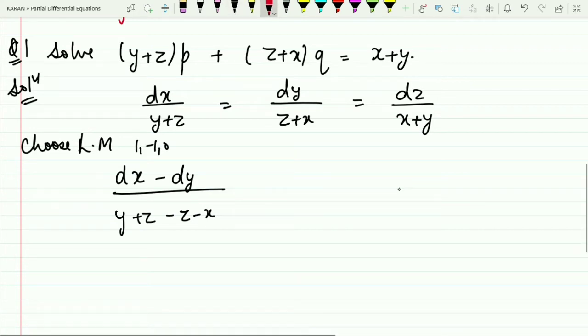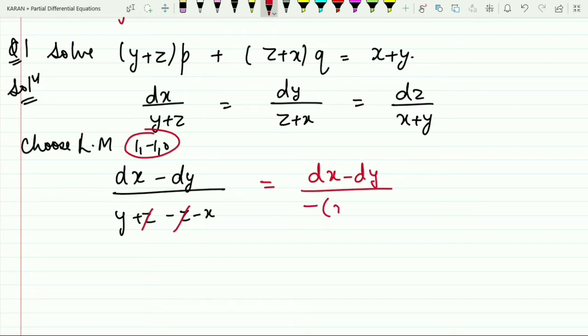That is the first set of multipliers. It gives directly dx minus dy divided by y plus z minus x, and this x will get cancelled out. If you take minus common from the denominator, this will be dx minus dy divided by minus (x minus y).